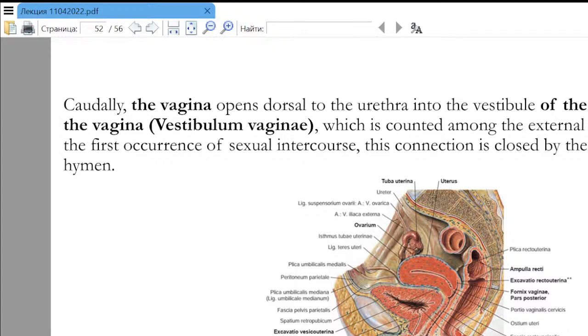Before the first occurrence of sexual intercourse, this connection is closed by a remnant, the hymen vaginae.